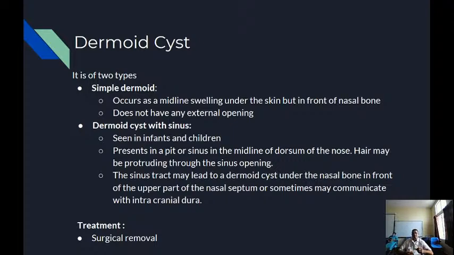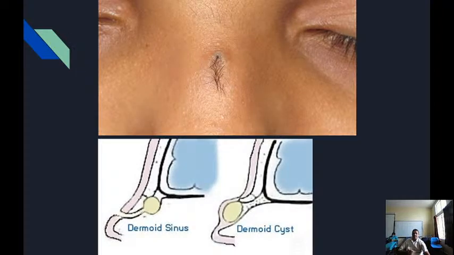A sinus here is not the paranasal sinuses. This is a sinus where there is a long track. There is a small opening and then it leads into a track. So that is what a sinus is. Now these are usually seen in children and in the region of the frontal bones, and there is a swelling associated, and this is how it is.